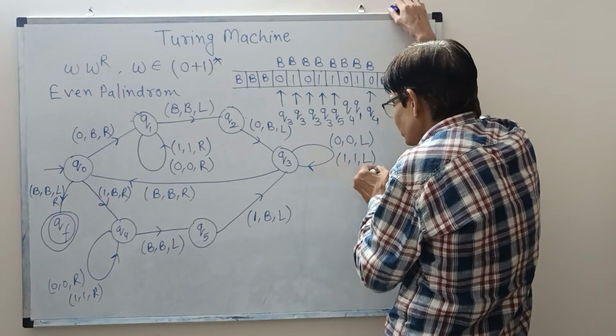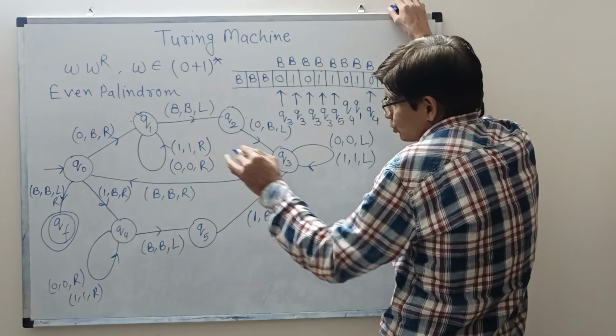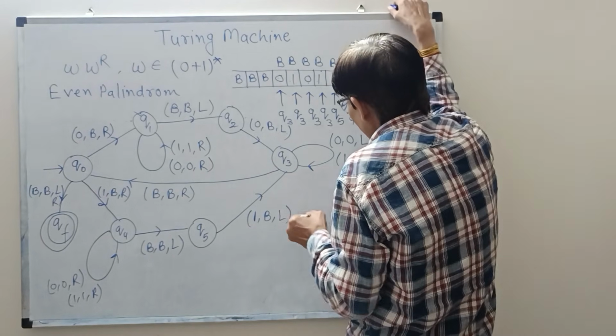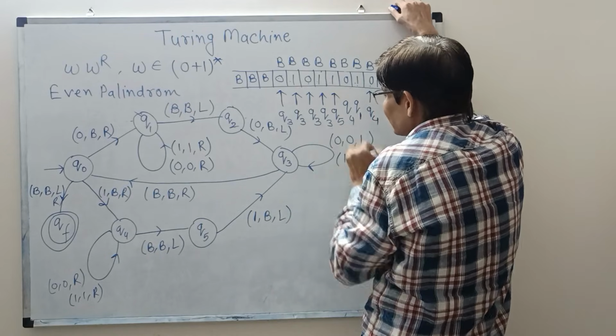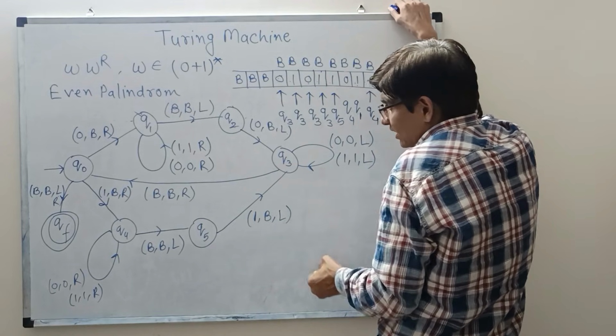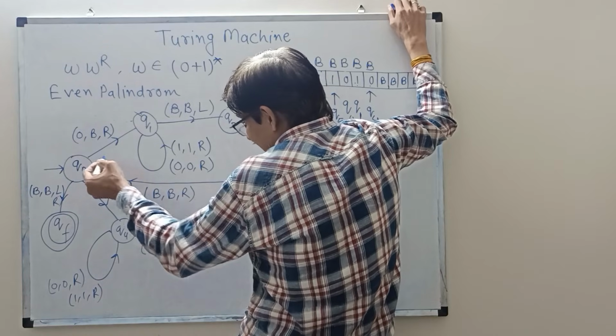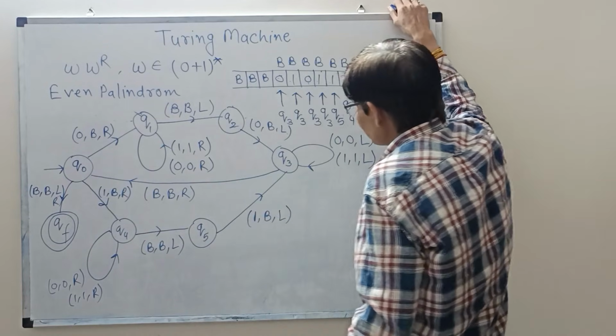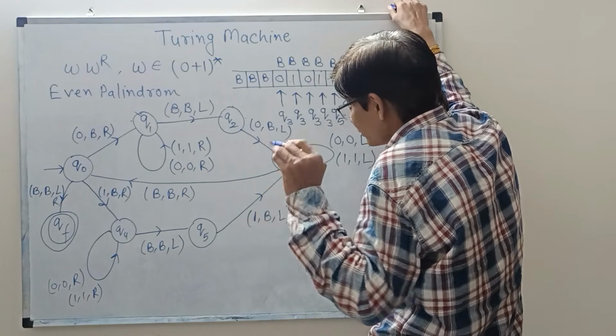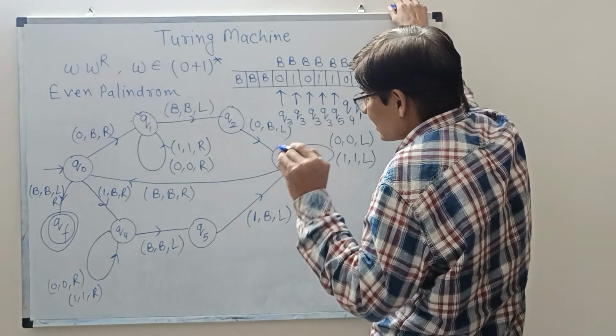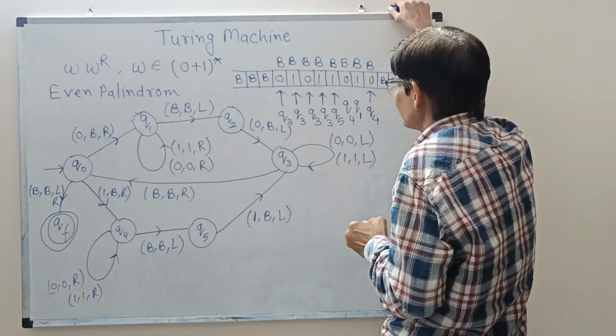If you are getting 1, you will leave it as it is and you will continue towards left direction. Now you are on Q3 and you are getting blank. On Q3, if you are getting blank, you will leave it as it is and you will move to Q0 and you will start moving towards right direction.